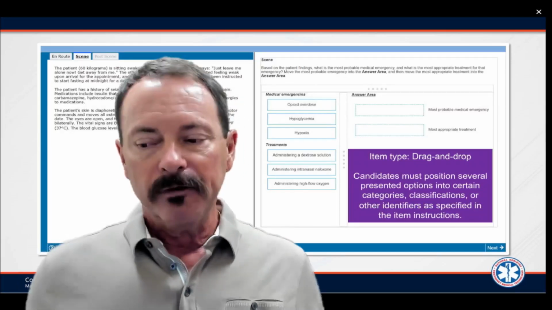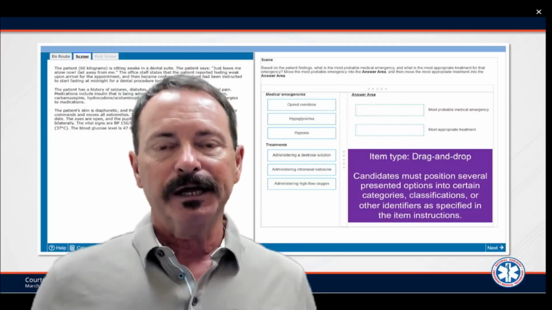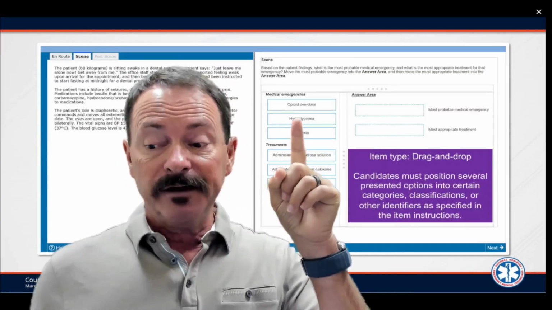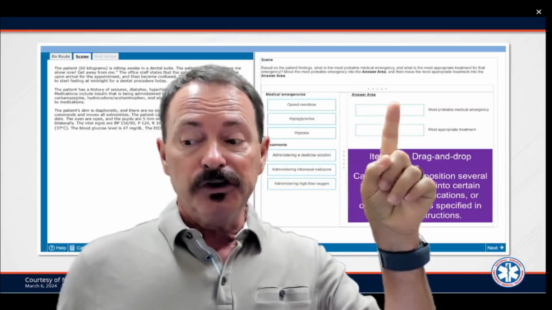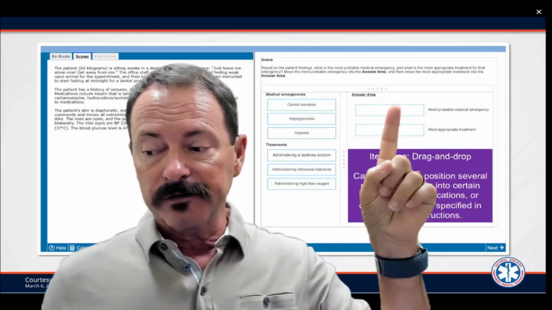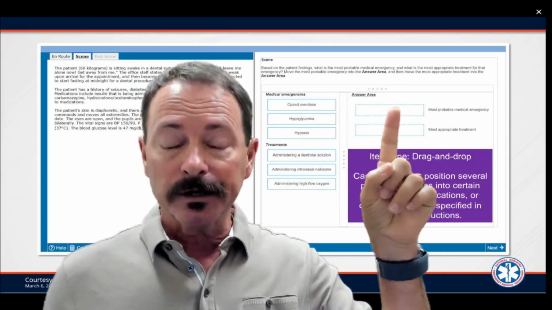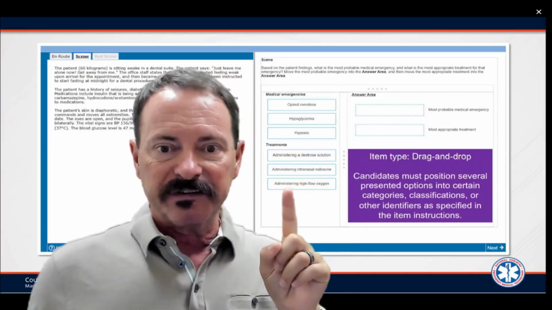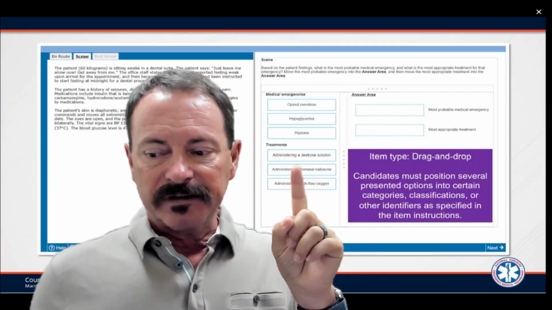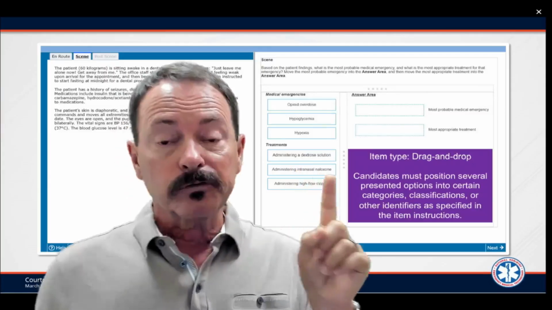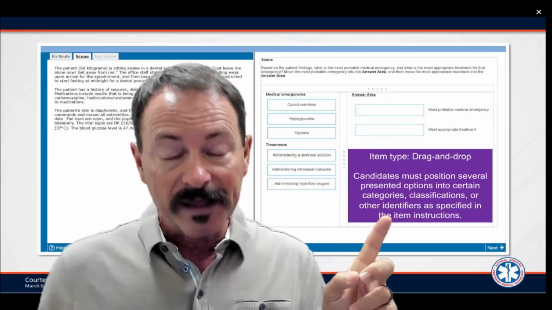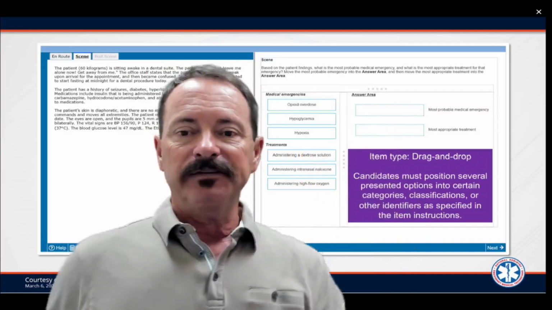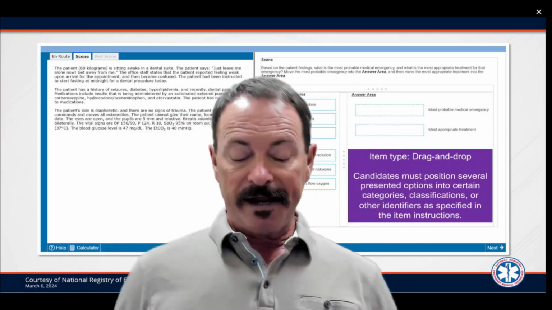So it's either opioid overdose, hypoglycemia, or hypoxia. So you're going to get the right answer, hypoglycemia, and you're going to drag it over here to the most probable medical cause. Okay, then we're going to treat hypoglycemia, and it says administer dextrose solution, and I know that's what I need to do. So out of that, I'm going to drag that into the proper answer.